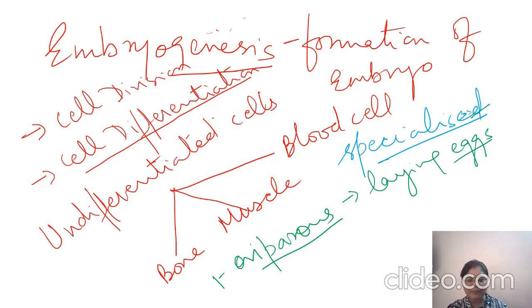So they are oviparous. Then comes viviparous. This is a feature of mammals. They give birth to young ones, you know.